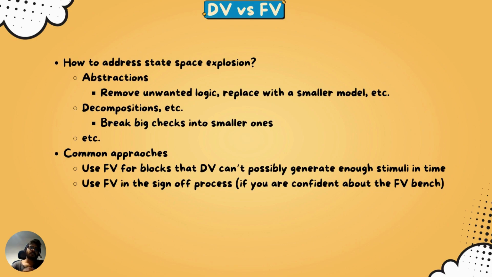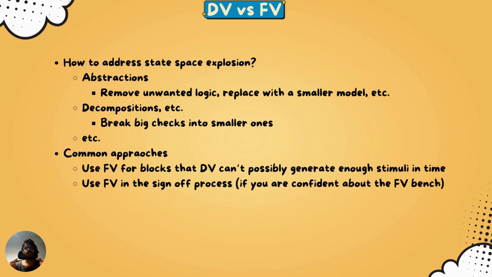Formal verification has one big villain: state space explosion. That's when the number of possible states becomes so much that the formal tools can't cover all possible scenarios or reach the state where the bug is present. To fight this issue, we use tricks like abstractions, decompositions, and other smart strategies.